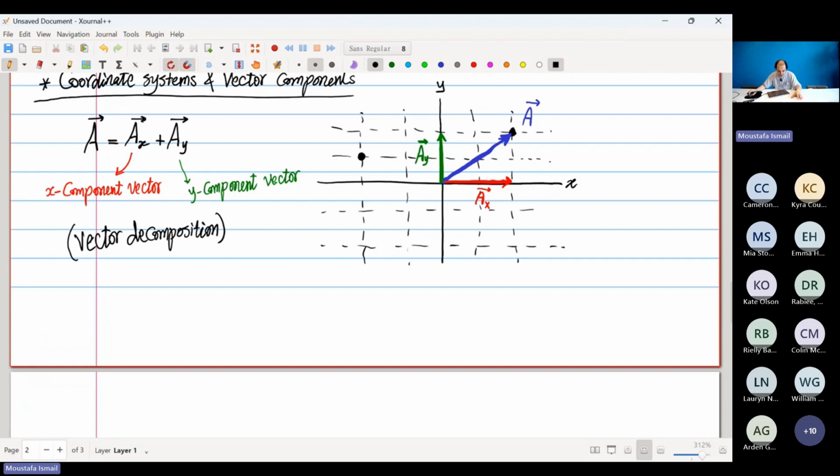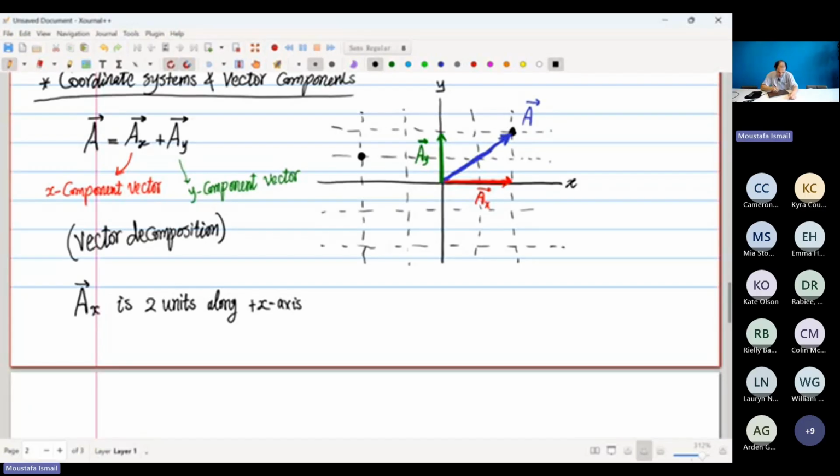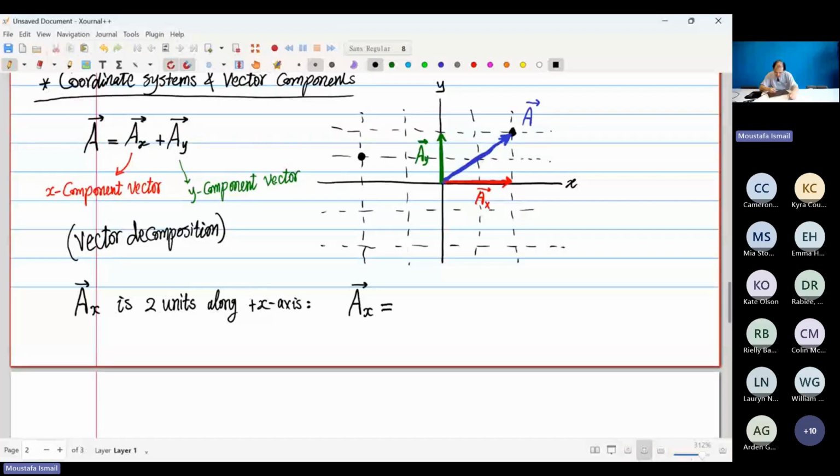So let's see how to do this. AX is 2 units along the positive x-axis. So we can say the AX component vector is equal to 2 times x hat.